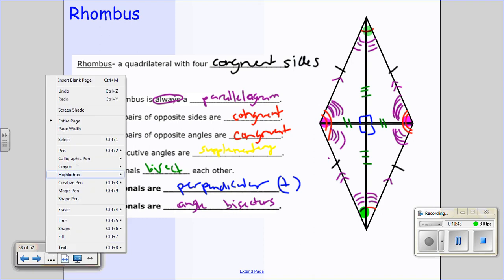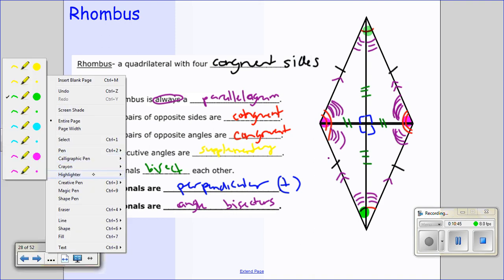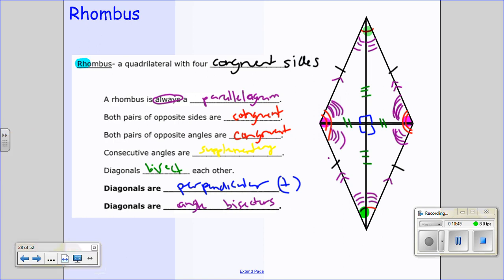So again, these attributes are specific to only the rhombi, so let's highlight it. So a rhombus has four congruent sides, diagonals are perpendicular, diagonals are angle bisectors. This is for the rhombus, though, specifically and only.